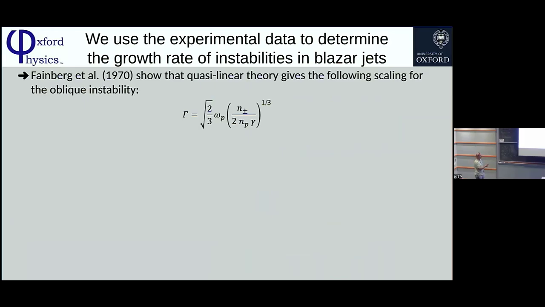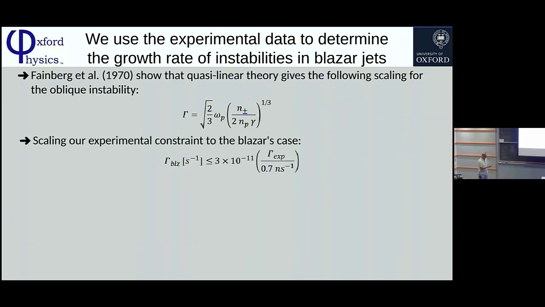This was done in the 70s by Feinberg and others. We can just rescale this quantity, because we know the density in the plasma, we know the proton density, and we know these numbers, or we can infer these numbers for the astrophysical case. So simply we can rescale the growth rate for the instability based on the experimental growth rate.